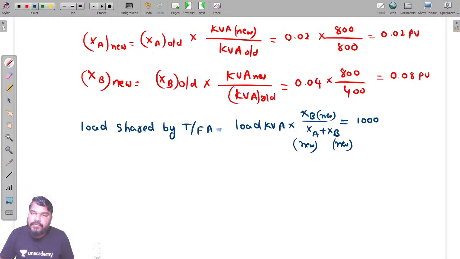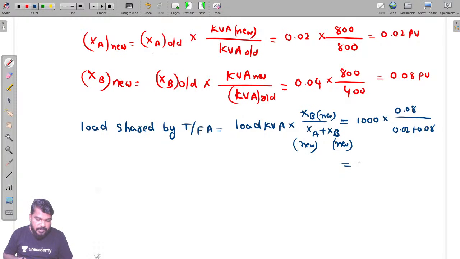So that is 1000 kVA into 0.08 divided by 0.02 plus 0.08. Simplifying, it is equal to 0.8, and 0.8 into 1000 is 800 kVA.